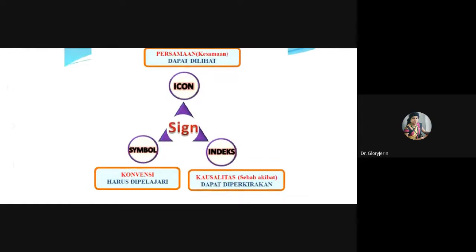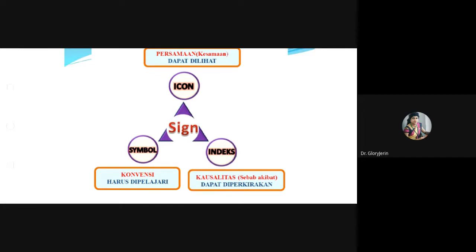Relation with the object according to R to O, we can see icon, sign and iconic, symbolic or indexical. In this perspective, a sign related to the object by resembling it is called an icon.